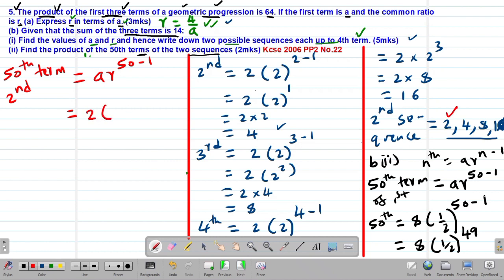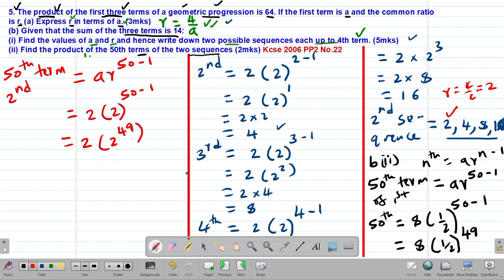So this will be 2 into, the common ratio was also 2, because r will be given by 4 over 2, which is equal to 2. The common ratio was 2 to the power of 50 minus 1. So this will give us 2 into 2 to the power of 49.